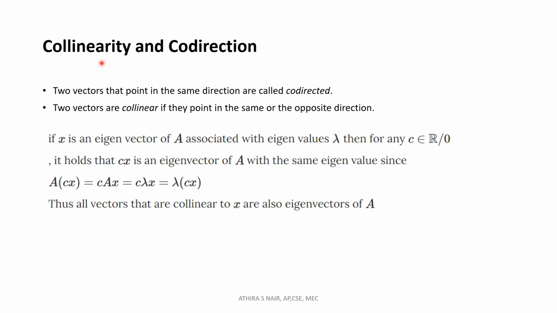Next topic is collinearity and codirection. Two vectors that point in the same direction are called codirected, and two vectors are collinear if they point in the same or the opposite direction.